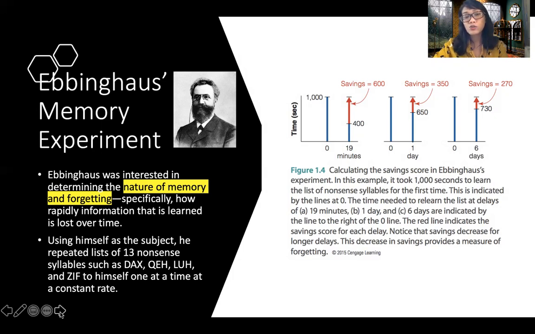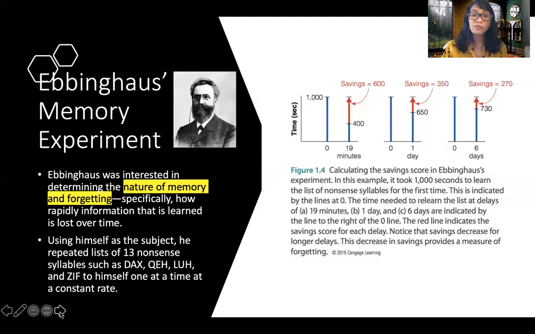Thus, if it took 1,000 seconds to learn the list for the first time and 400 seconds to relearn it after the delay, then the savings would be 1,000 minus 400, which is 600. So a longer delay results in smaller savings, of course. According to Ebbinghaus, this reduction in savings provided a measure of forgetting, with smaller savings meaning more forgetting.